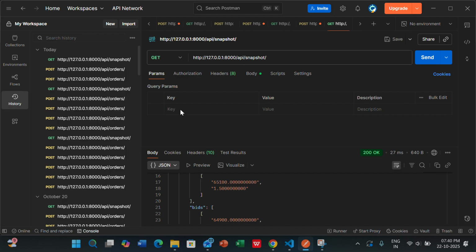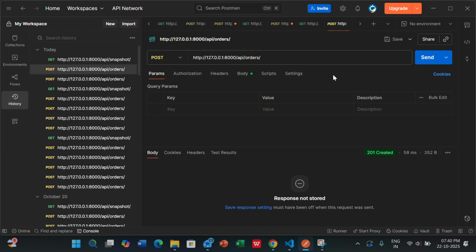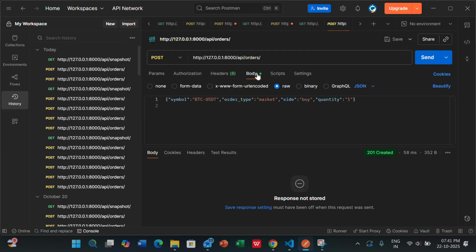Now, if I again buy two quantities, for example, a market buy first consumes the best price, 65,000, before it moves to 65,100.